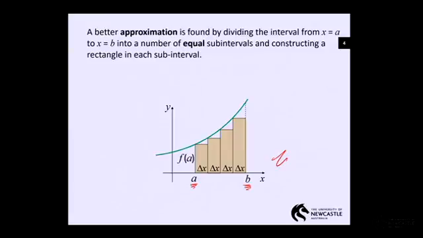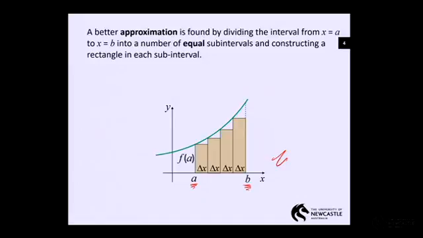So a better way is to break it up into smaller rectangles, and that's what your job's going to be. Your job is going to be to consider one rectangle, then two rectangles, then maybe 5 rectangles, and maybe 10 rectangles, and see how the approximation keeps getting better and better and better. It's getting closer to what the real area is.